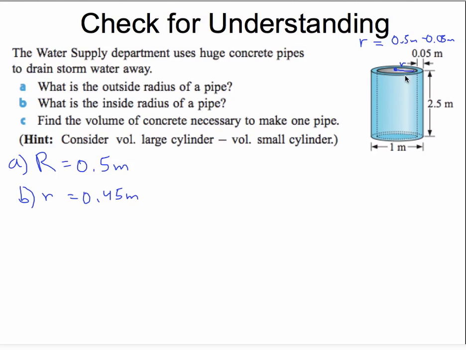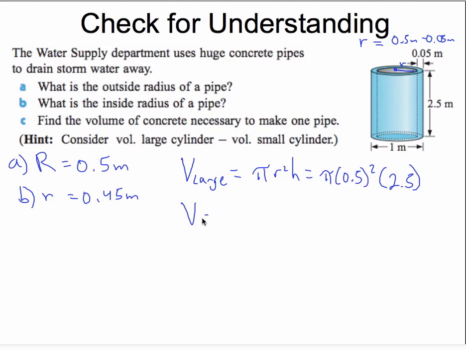So we got the radii of both the small inside cylinder and the larger outside cylinder. And we need to find the volume of concrete necessary to make the pipe. So the pipe is this bit here, right? It's hollow on the inside, so we need to get the volume of the big cylinder minus the volume of the small cylinder. So I'm going to get the volume of the large cylinder first, which equals pi r squared times height, which equals pi times 0.5 squared times 2.5.